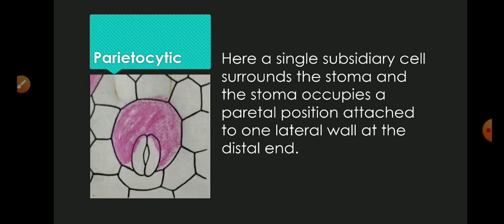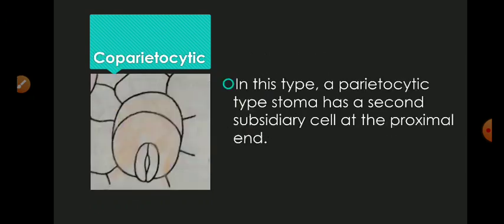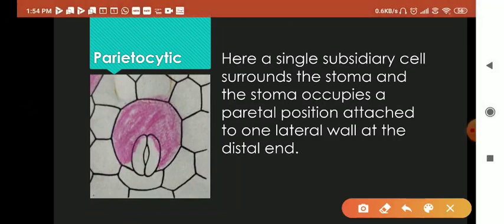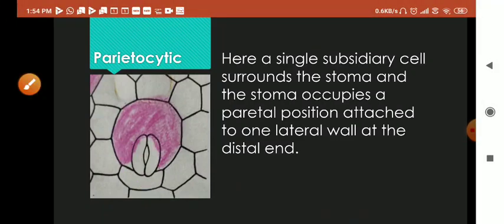Next is your paracytic... peritocytic. We have 2: peritocytic and coperitocytic. In peritocytic there is a single subsidiary cell, but it is not surrounding the whole. It is present at the polar end and one wall is still attached to the guard cell, and a small portion is left unoccupied.